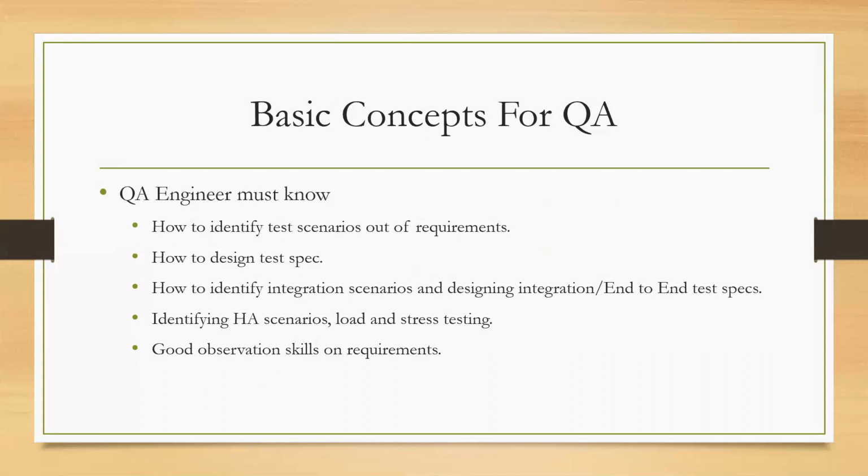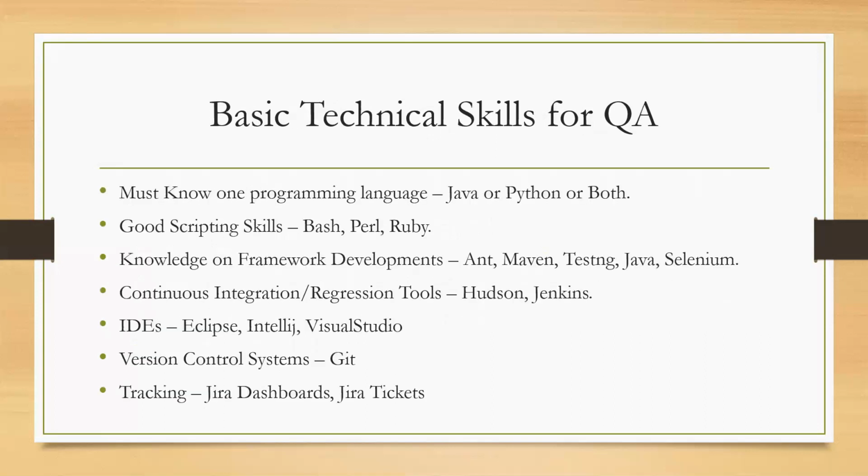Some of the engineers may work on HA scenarios, and they may be in stress testing or load testing teams, and they may have to develop skills to identify HA and load test scenarios. At least as a QA engineer, it's good to know how to draw those kinds of scenarios from test requirements. Good observation skills are always needed for requirements.